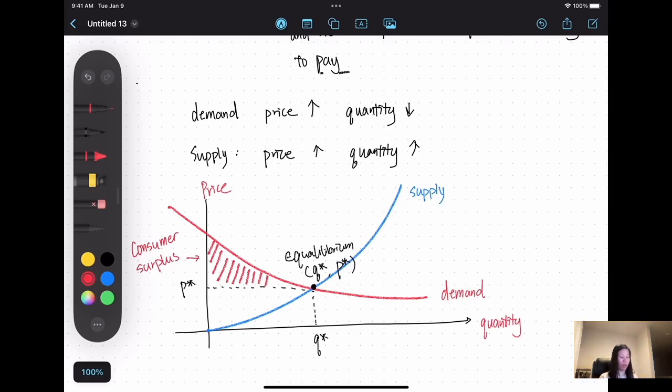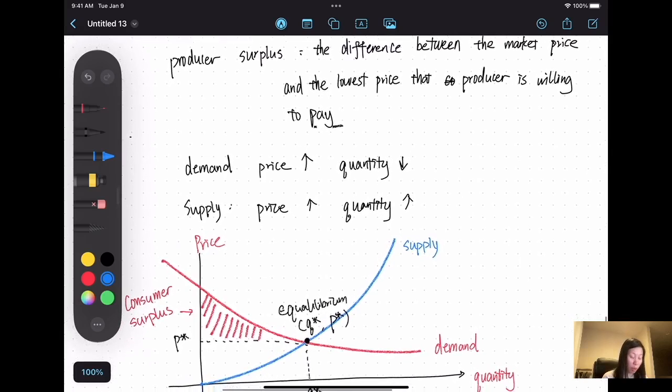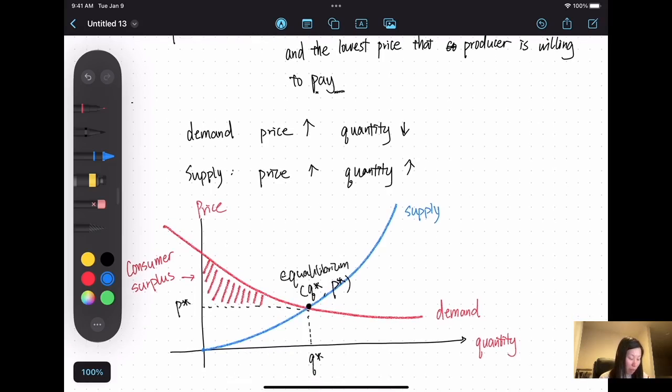Well, where do you think is going to be the producer surplus? Since the producer surplus is the difference between the market price and the lowest price that the producer is willing to accept, this area is going to represent the producer surplus.